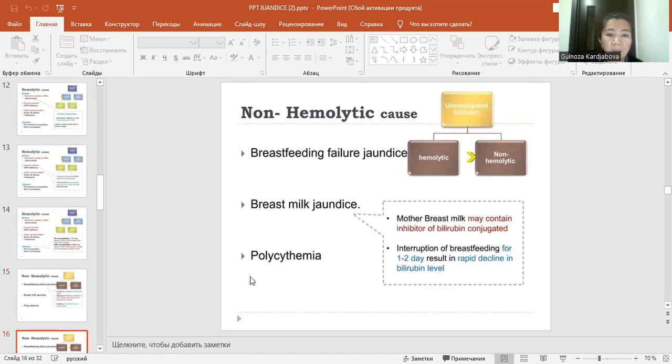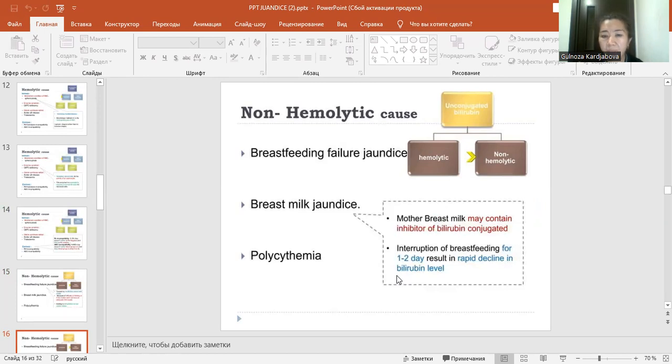Next, breast milk jaundice. The mother's breast milk may contain some inhibitor of bilirubin conjugation. Interruption of breastfeeding for 1-2 days is enough, and it will result in a rapid decline in bilirubin level.